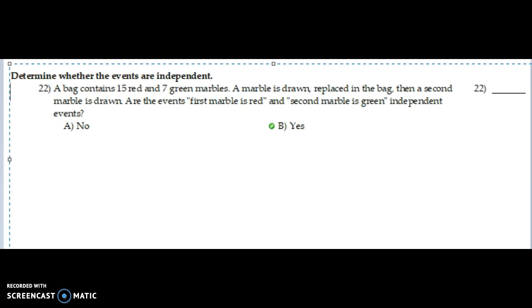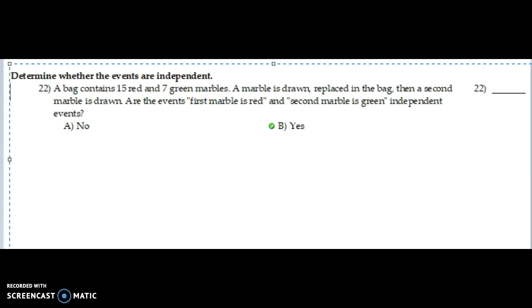It would be 15 out of 22, and the probability that the second one would be green depends on whether or not you replace that first marble. This problem says a marble is drawn replaced in the bag, then a second marble is drawn. That's important. What that means is the probability of the second one is not affected by what happens in the first, because you start all over again when you replace it in the bag.